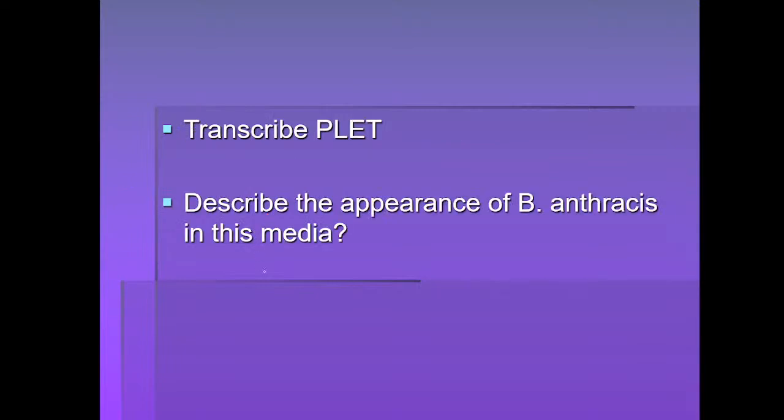Okay, now let's talk about PLET. What is PLET? PLET is basically a bunch of chemicals and antibiotics to be selective for Bacillus anthracis. Polymyxin, lysozyme, ethylene diamine tetraacetate, or EDTA, is used to grow your Bacillus anthracis, and it will have the beaten egg white appearance.